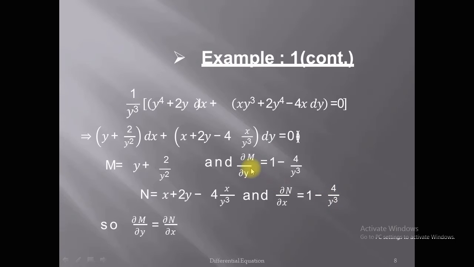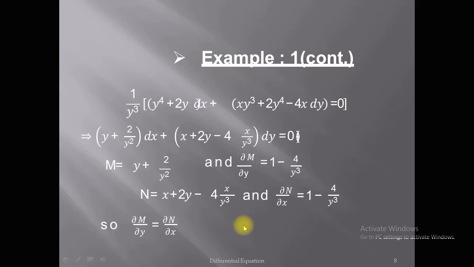Now it is clear that the partial derivative of M with respect to y and the partial derivative of N with respect to x are equal. So this differential equation is an exact differential equation.